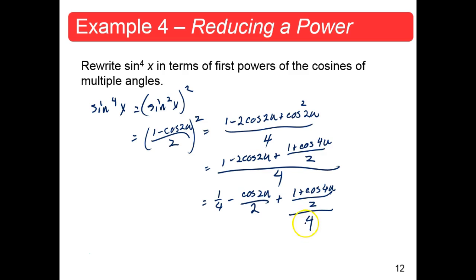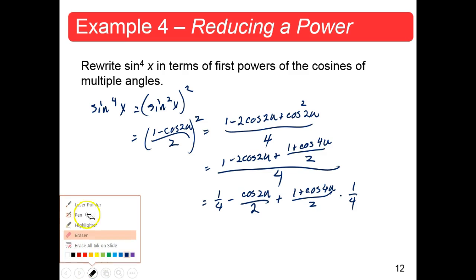Well, this last over 4 you could write as times 1 over 4. So I'm going to drop that, and rather than dividing by 4, we multiply by 1/4.